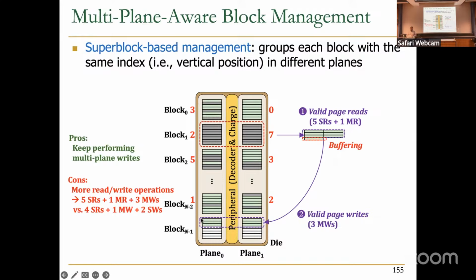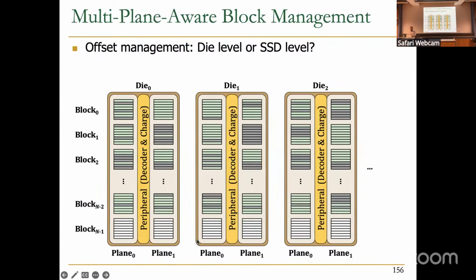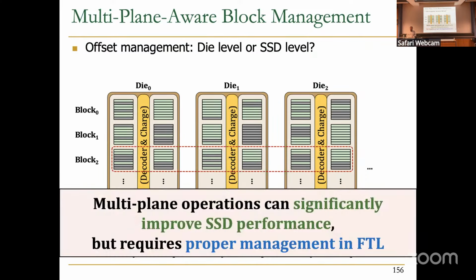And when you want to write, you can do a lot of multiplane write operations, which will give you better bandwidth in the end. You can also extend this idea across several dies. It does not need to be only one die and multiplane. So this super block can expand through several dies that can be operated.